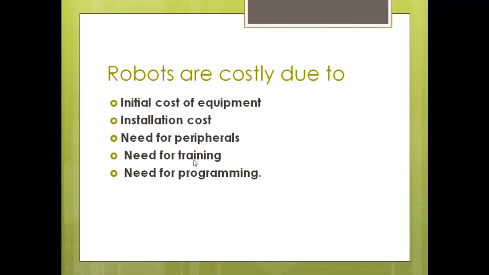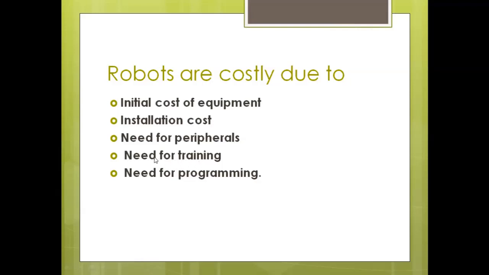Based on the program, the robot can perform the task. The different tasks performed by the robot are controlled by the operator. Even a JCB is controlled by an operator, and that operator is trained. Without training we can't operate the JCB. Even as a normal person we can't operate the JCB.